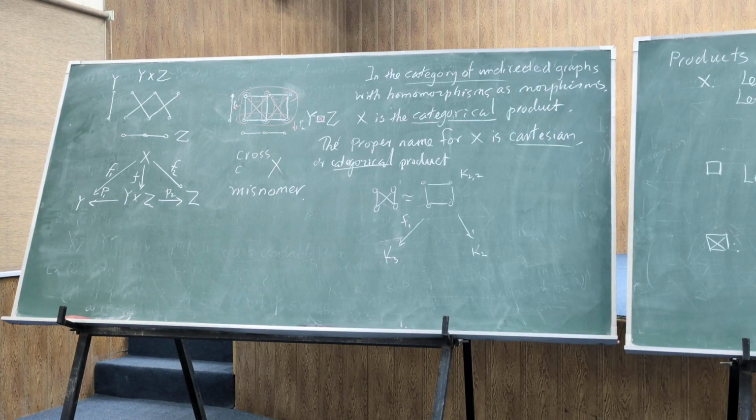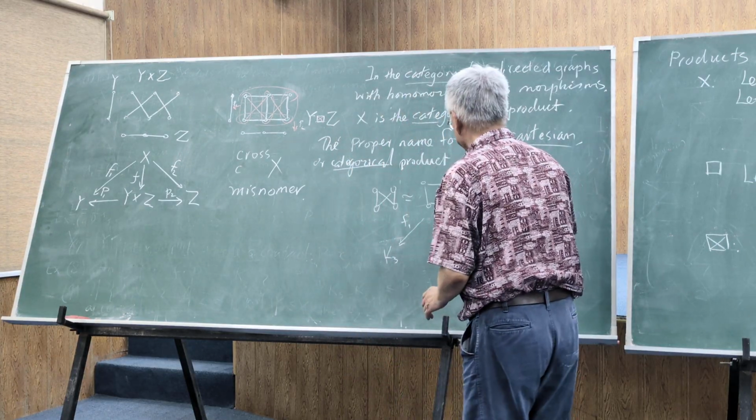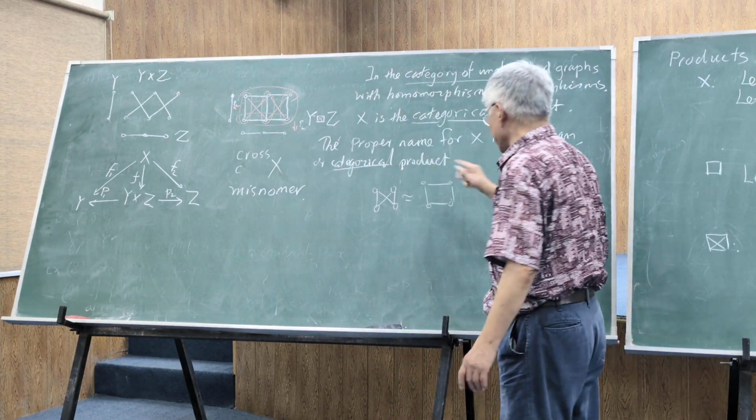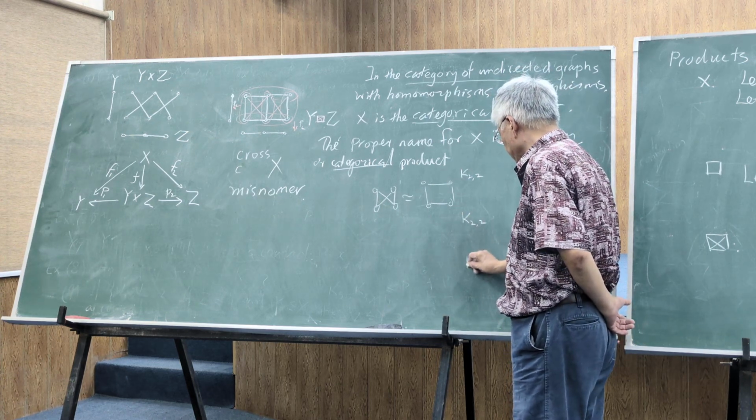The diagram must be correct, otherwise we're talking rubbish. Where is the diagram? You know the notation, so it's K22, K3.